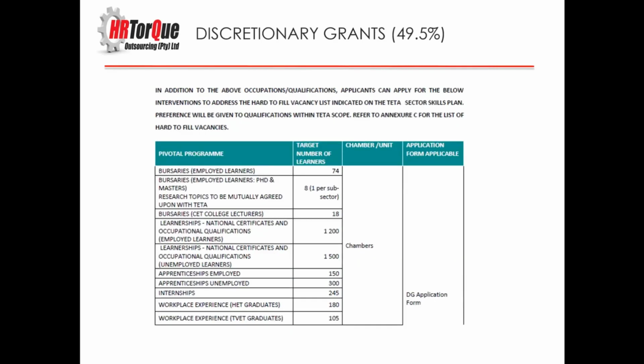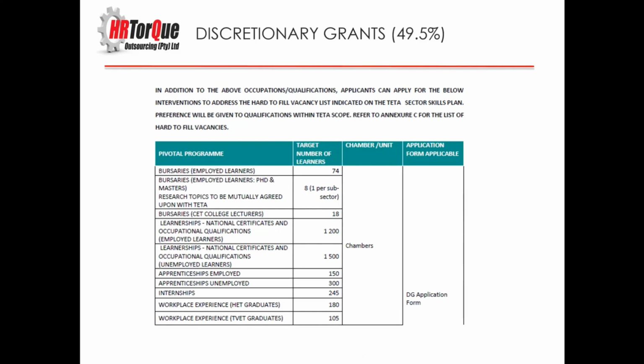Then what they'll do is they could also then be saying, in addition to the above occupations, applicants can then also apply for these things. So they will then say, for example, that there's 74 learners that they want to pay for within bursaries.